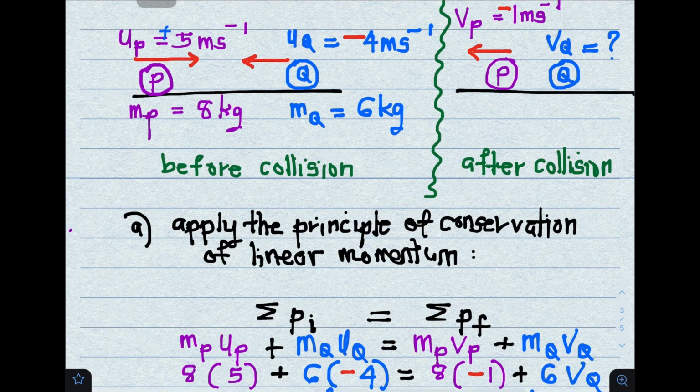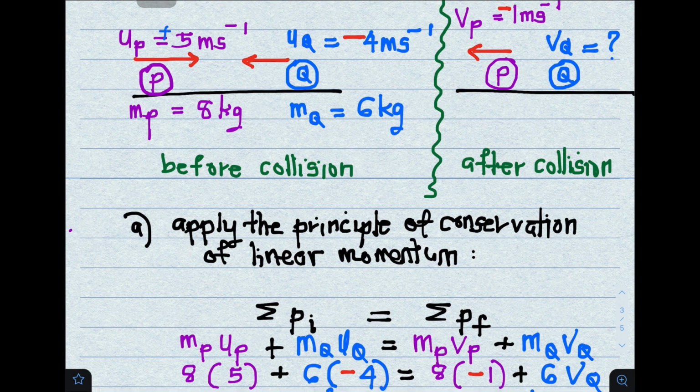For my initial momentum, I need to consider the momentum for the object P and the momentum for the object Q, so I will get MPUP plus MQUQ. And for the final momentum, I will get MPVP plus MQVQ. You need to write down the concept and also the formula.